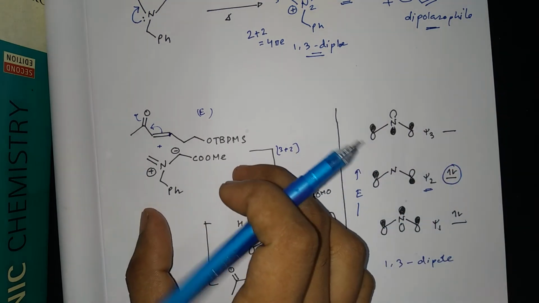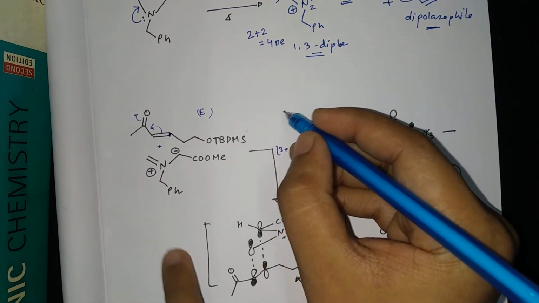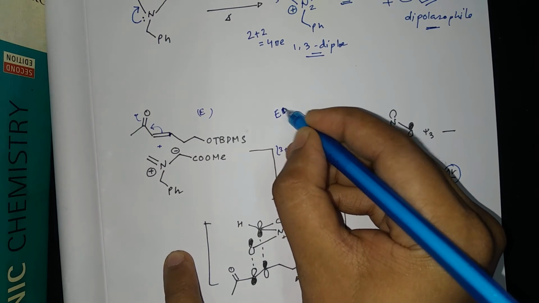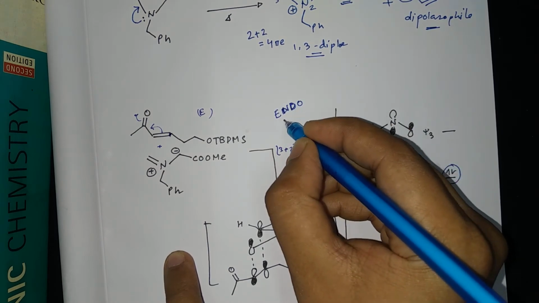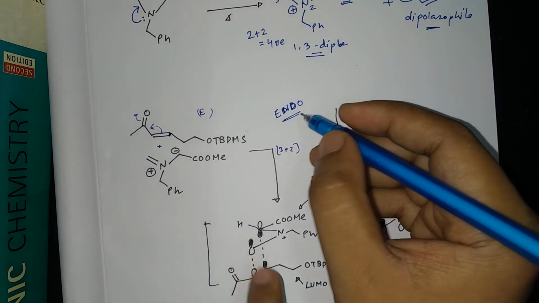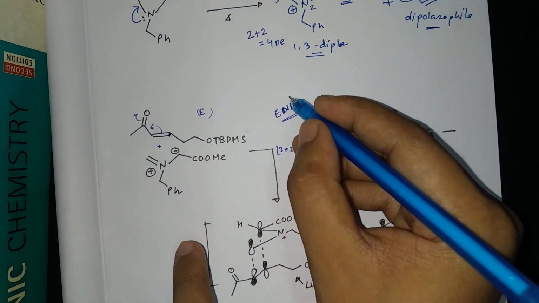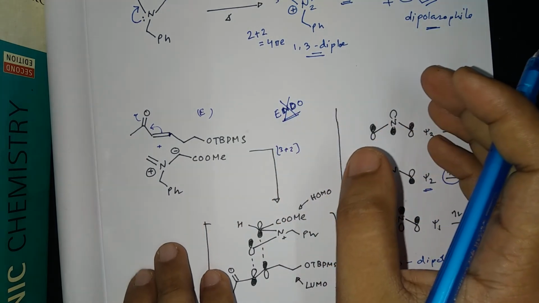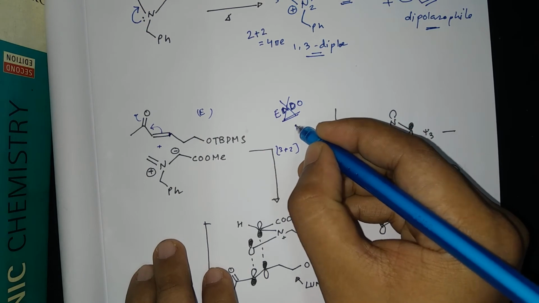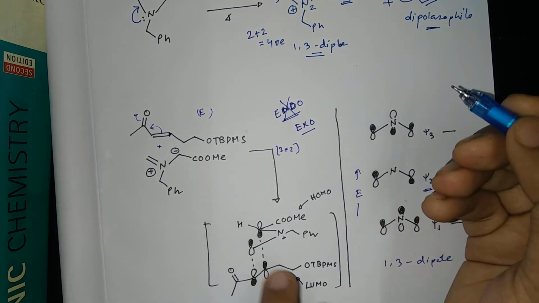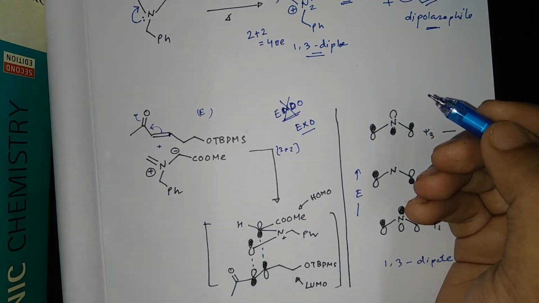So now we know in case of the Diels-Alder reaction, the endo transition state is more favorable because of the secondary interaction. But in this case no endo rule is there because there is no secondary interaction. So here the exo transition state is more favorable because the exo transition state has less steric clashes.